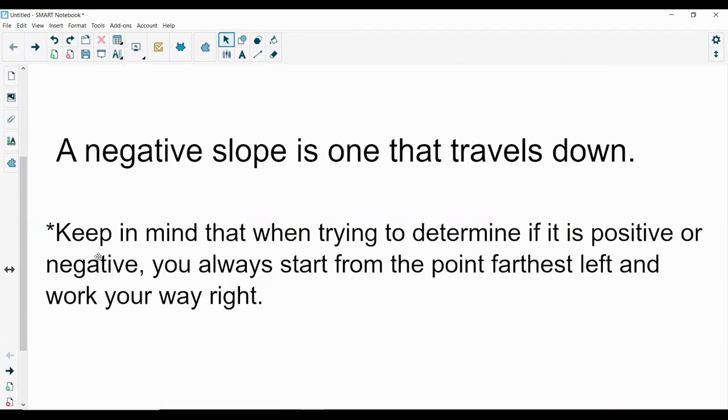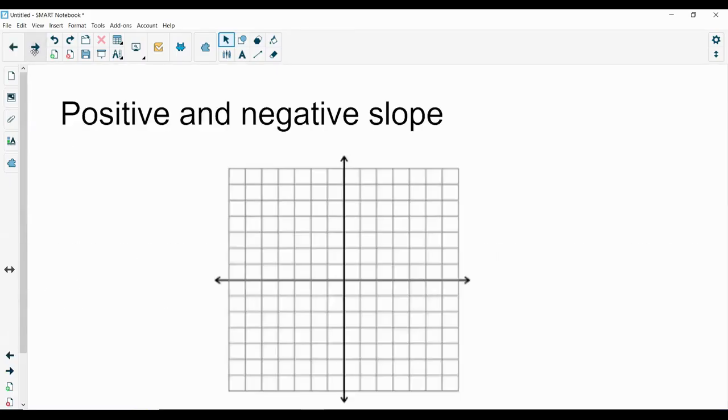Now, keep in mind that when trying to determine if it is a positive or a negative slope, you'll always start from the point farthest left and work your way right. So, what do I mean by that? Let me show you. If I have a plane and it is at ground level and it starts flying, it's going to go up.